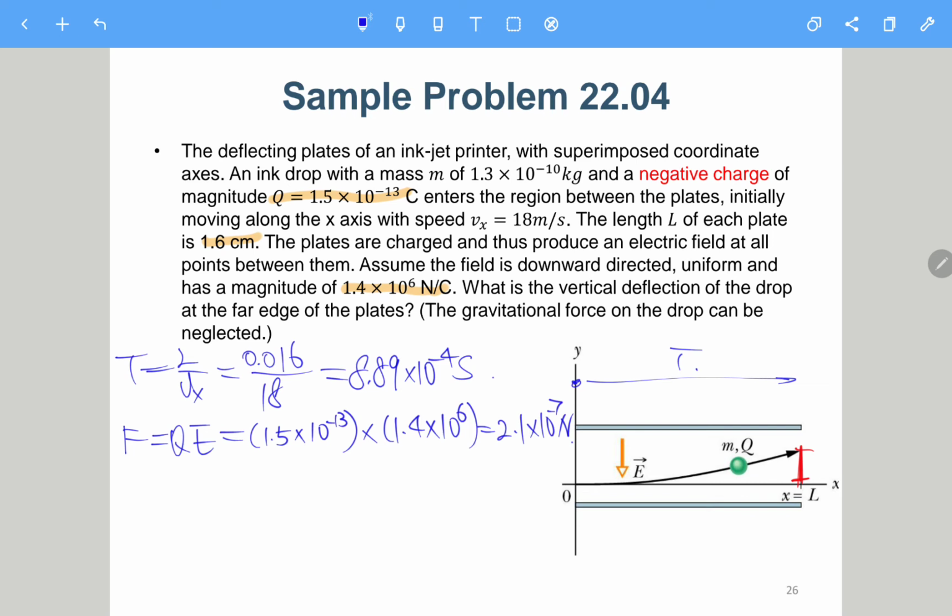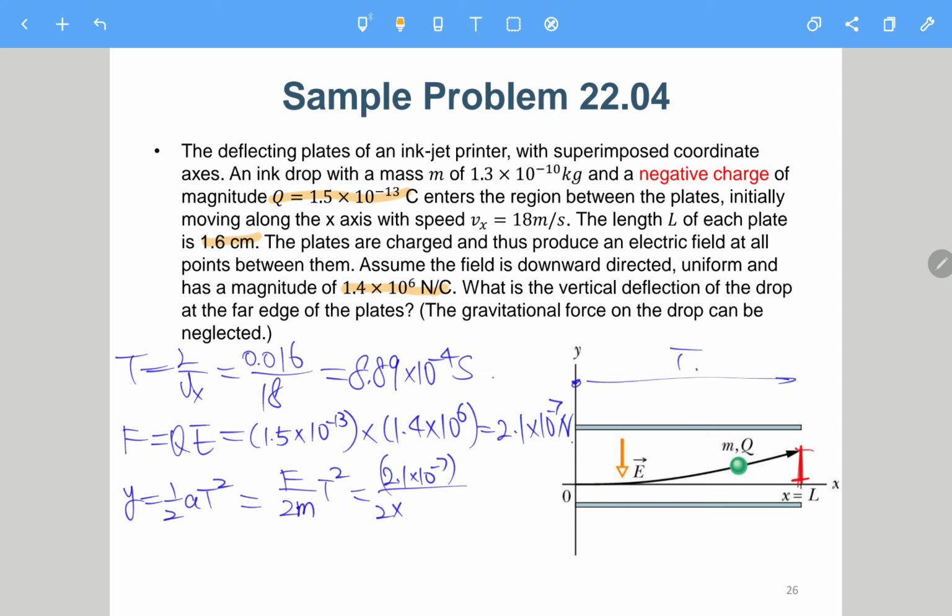Next, y should be half of a t squared. It is some sort of high school physics. Using Newton's law of motion, we know F equals ma. So we have F over 2m times t squared. F is 2.1 times 10 to negative 7 over 2 times m.